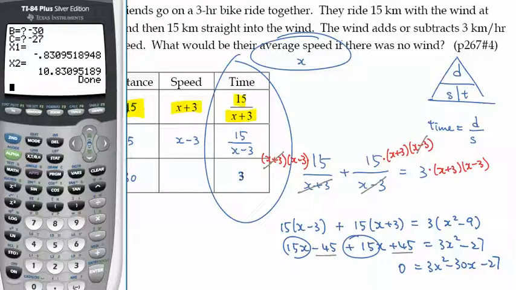You need to make your judgment. They are giving us a negative answer and a positive answer. And we are trying to solve for x in this case, which is the average speed. One of them would work, and we will reject the one that doesn't make sense to us.